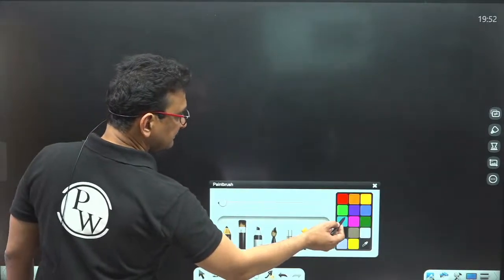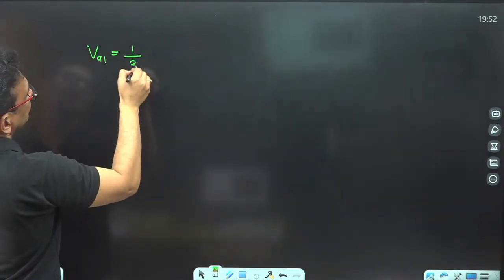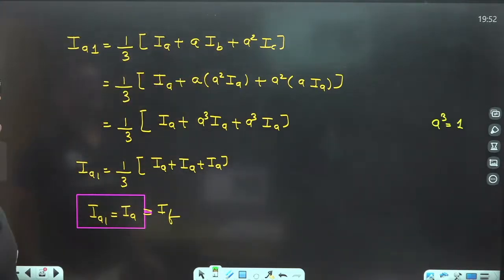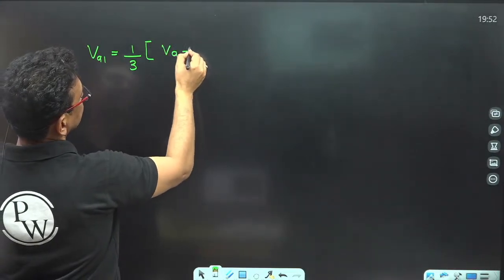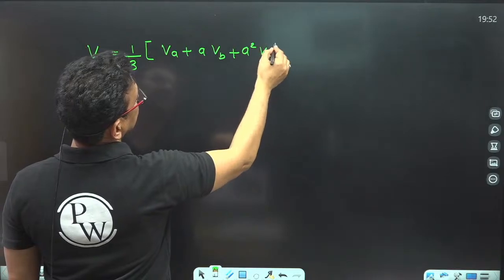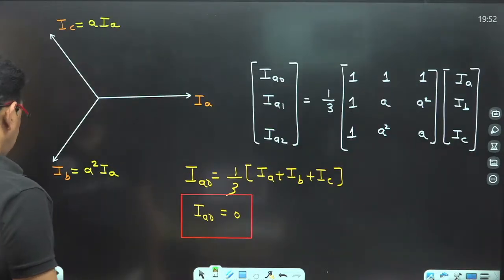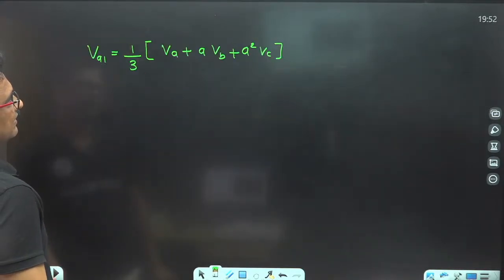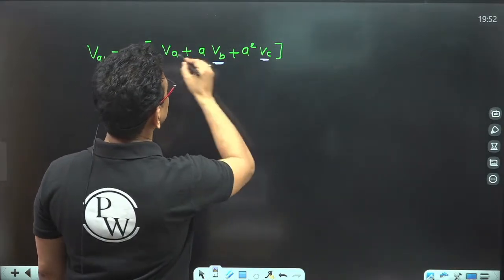So the value of VA1 is 1 upon 3 in terms of phase voltages VA, VB, VC: VA plus A VB plus A square VC. Now, during the symmetrical fault, VA is equivalent to VB and it is equivalent to VC.